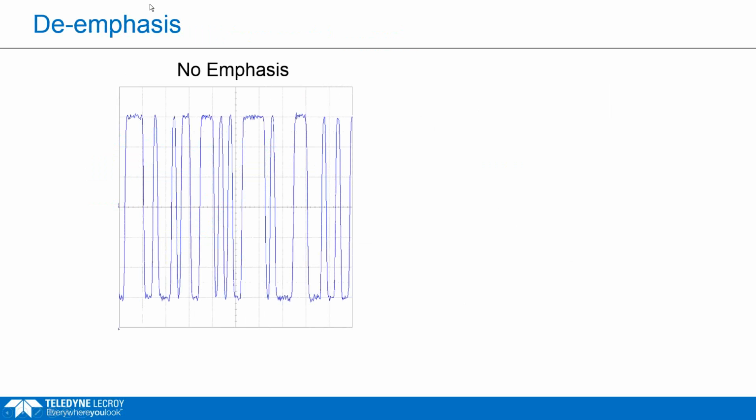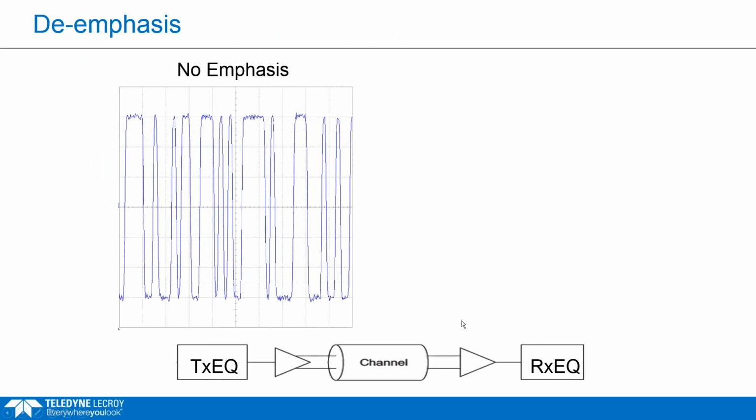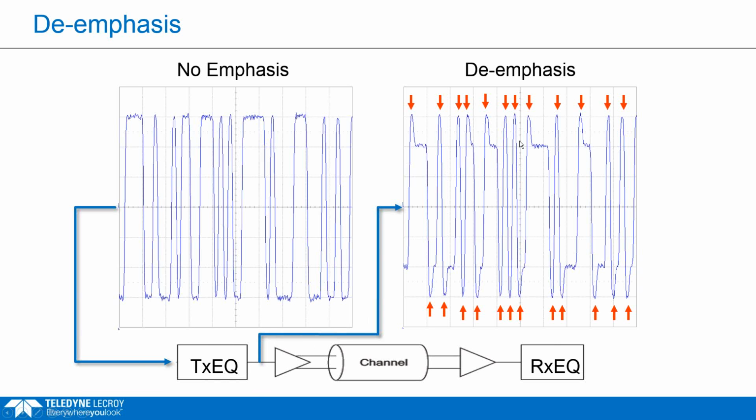So here's an example of de-emphasis. We have a nice clean NRZ signal here. And if we look at our channel model here where we have our TXEQ block, this would basically be the input to that. And the TXEQ is going to actually apply the de-emphasis, and so the output of that would be our de-emphasized signal here.